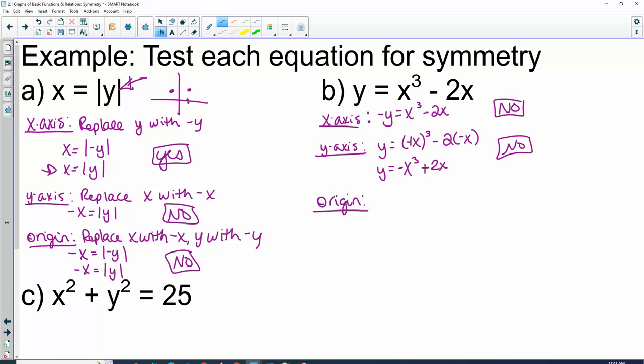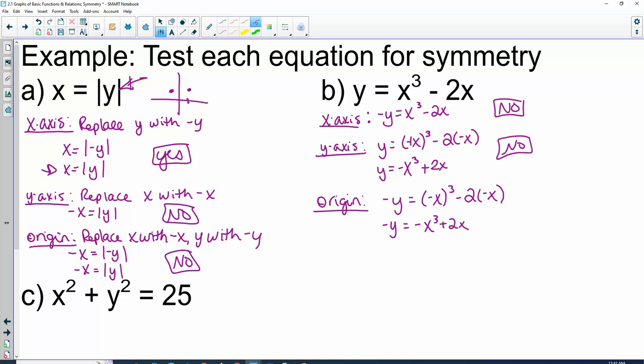We do both. We make the y negative and the x negative. Okay, we just worked out the negative x to the third is negative x cubed. Minus 2 times negative x is a positive 2x. Is there anything I can do to turn that back into what I started with?